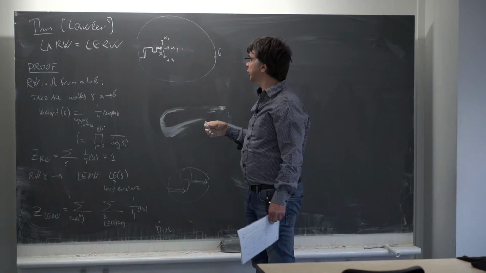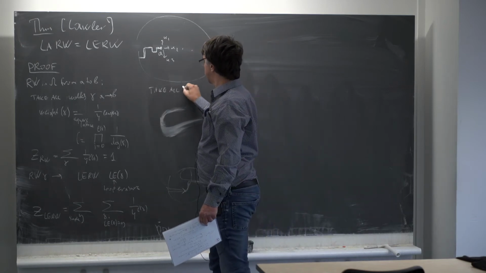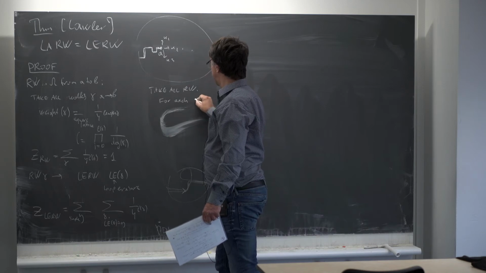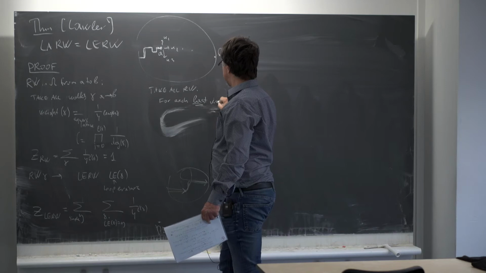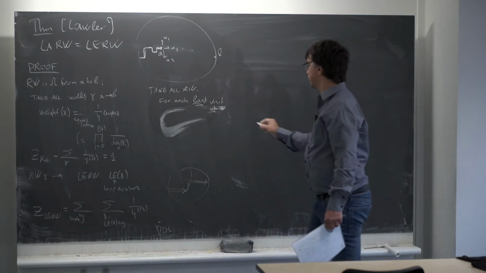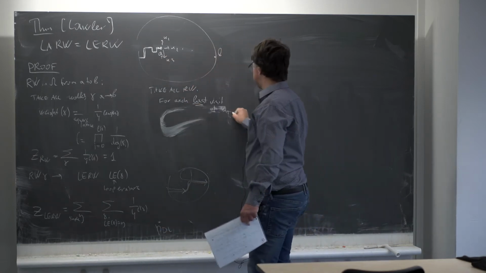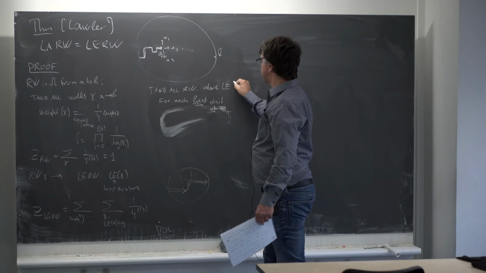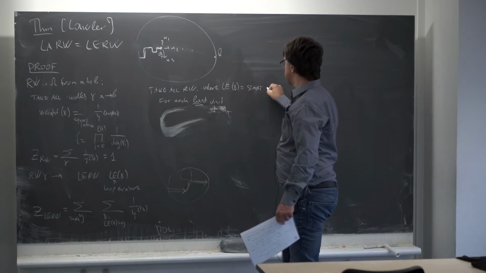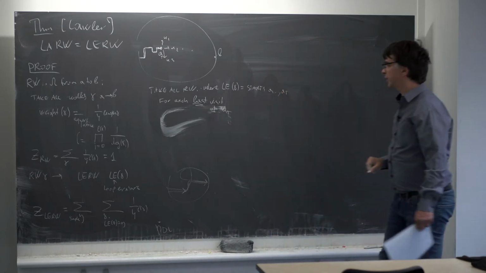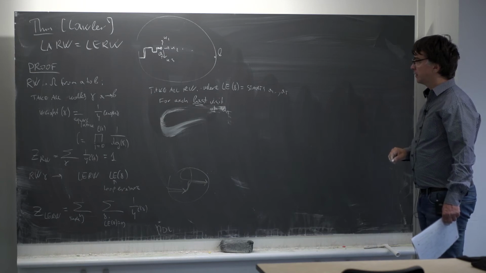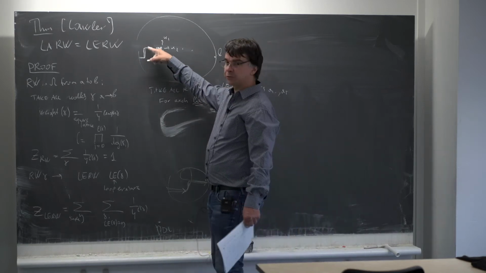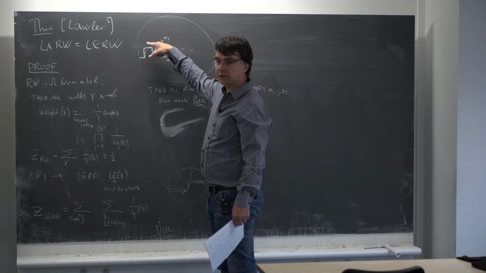So what we do, we take all the random walks, and for each, take the last visit of A_t. Take all random walks where the loop erasure of gamma starts as A_1 and so on up to A_t, and take the last visit of A_t. If it's the last visit of A_t, then we no longer come back to this point.